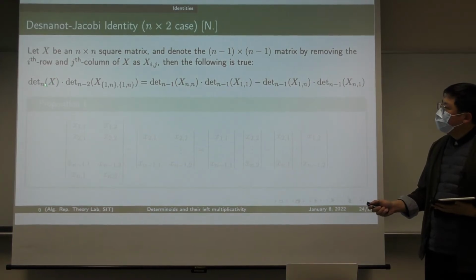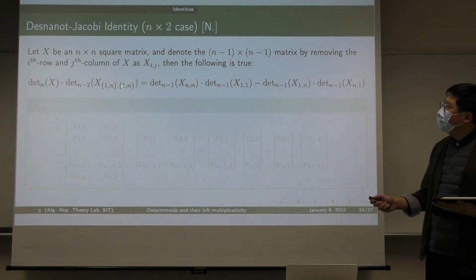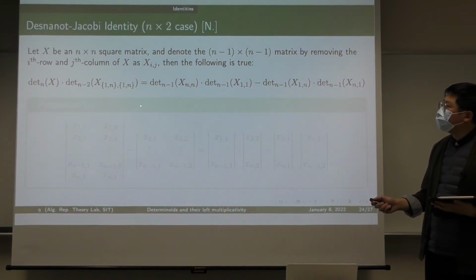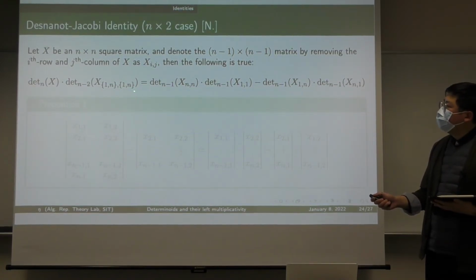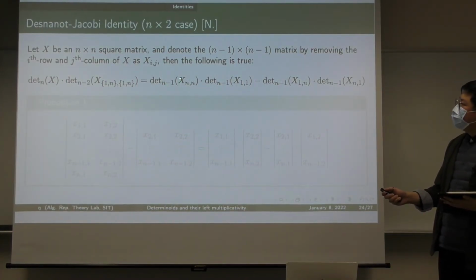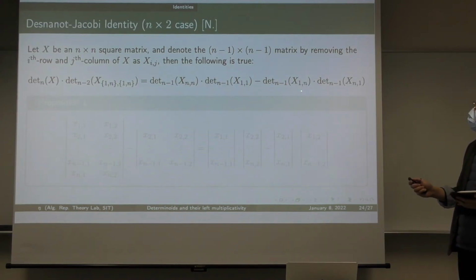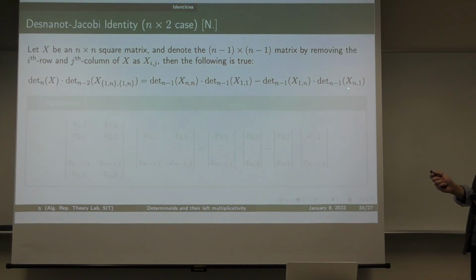So here, the determinant of x times the determinant removing the first row and last row, first column and last column, the product of these two, equals the determinant removing the last row and last column times the determinant removing the first row and first column, minus the determinant removing the first row and last column times the determinant removing the last row and first column.